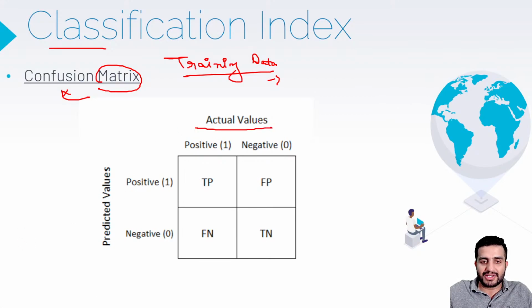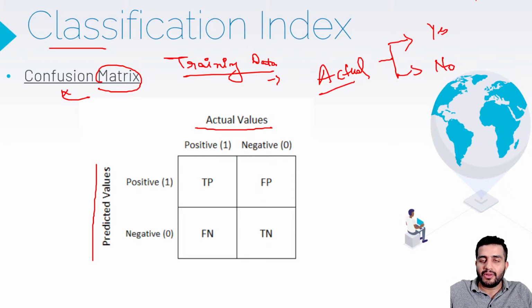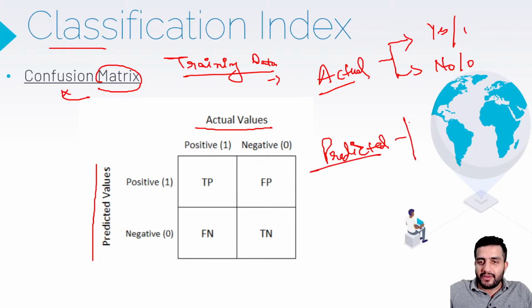On the top, you are seeing the actual part, and on the left side, you are seeing the predicted part. For actual, we had yes and no, or also say 1 or 0. Likewise, for predicted, we also have two parts, yes and no, or 1 or 0.